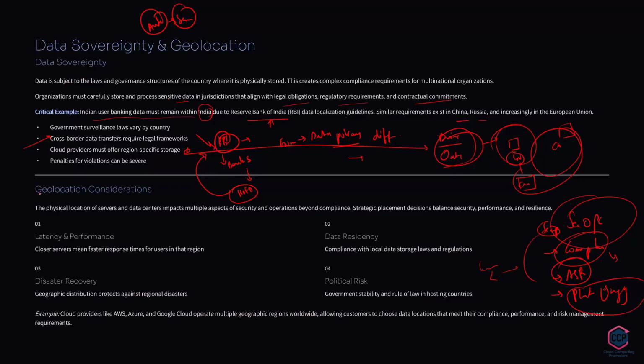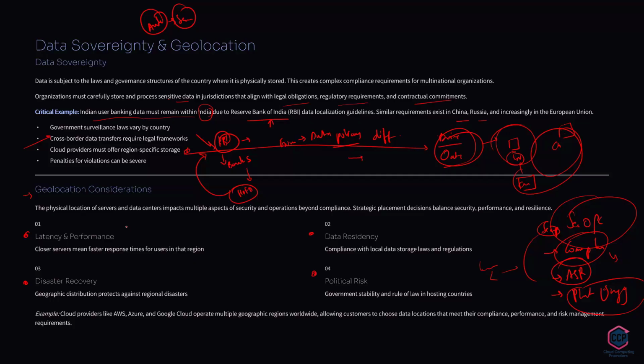So why should geolocation consideration be taken? One is latency or performance, data residency, disaster recovery, or political risk. I'll explain with a scenario.